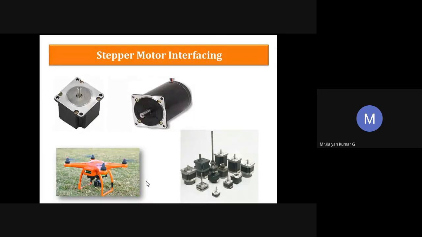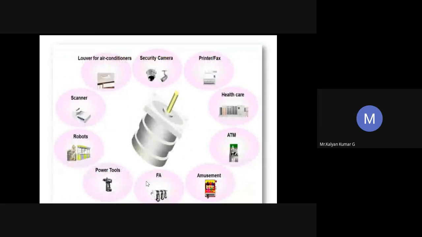Not only in drones, we have a number of applications where we use these stepper motors. Let's have a look at where we use them. Compared to other motors, the stepper motor is more popularly used, especially in computer peripherals.